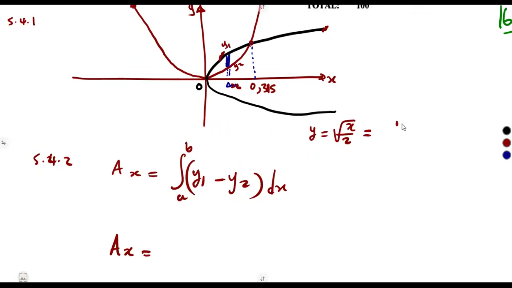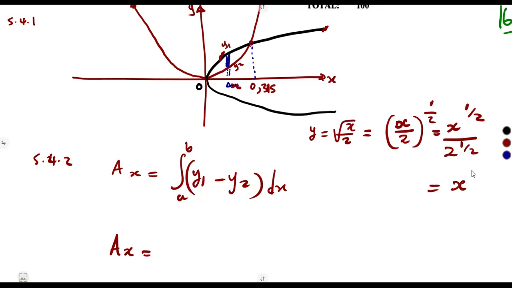Remember, square root means to the exponent of half. So it's x over 2 to the exponent of a half. Meaning to say, if you want to integrate, x will be raised to the exponent of a half, and 2 is raised also to the exponent of a half. So it simply means, guys, this is x to the exponent of half over the square root of 2.